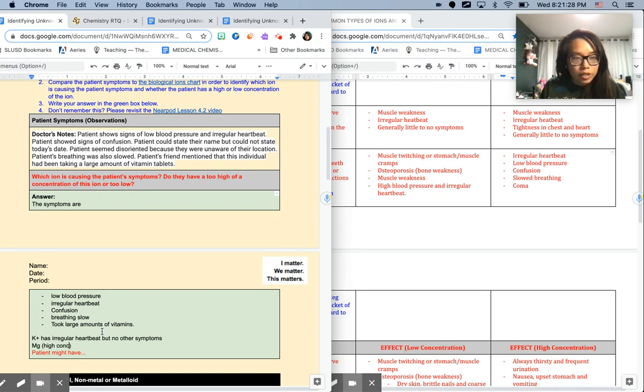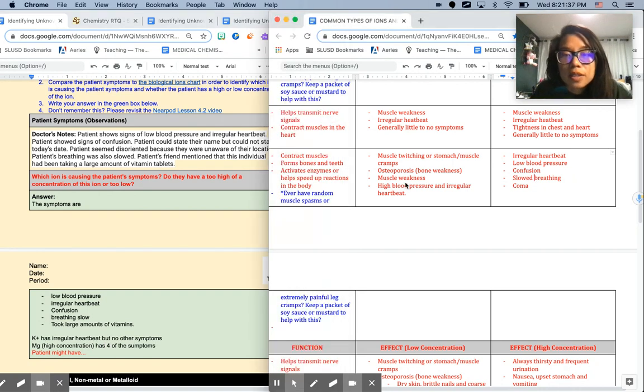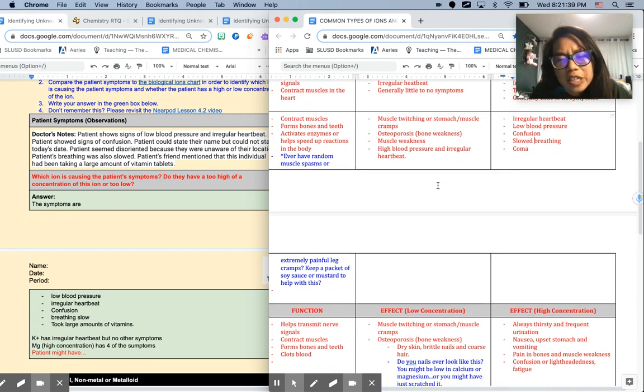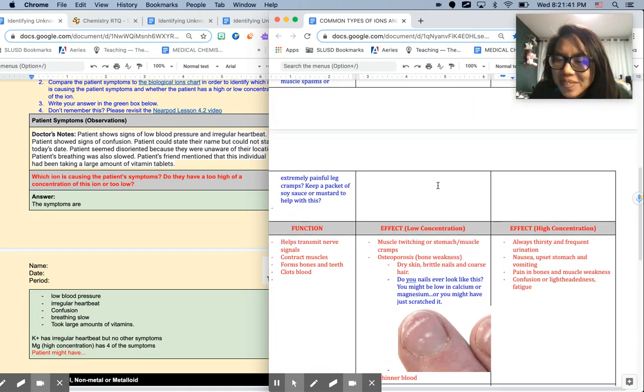High concentration. That's 4 of the symptoms. So that's a good sign. It's not a good sign, but it's helpful.